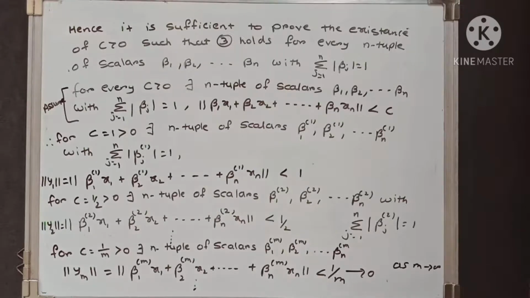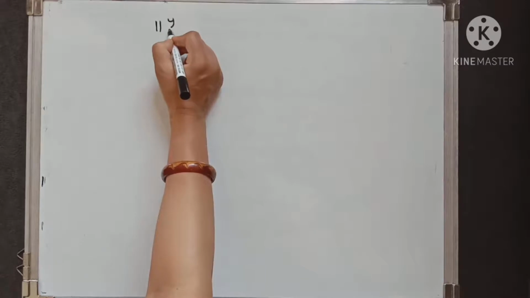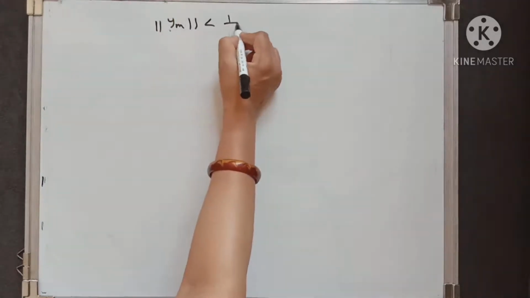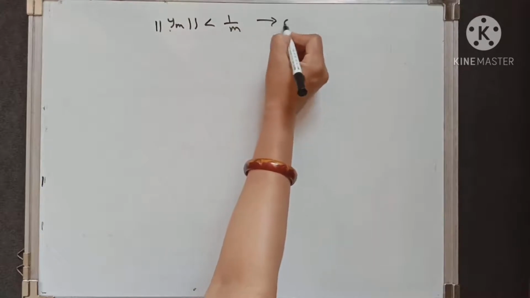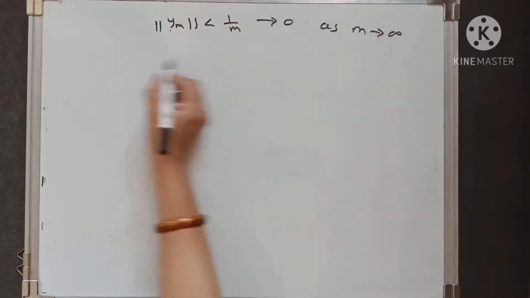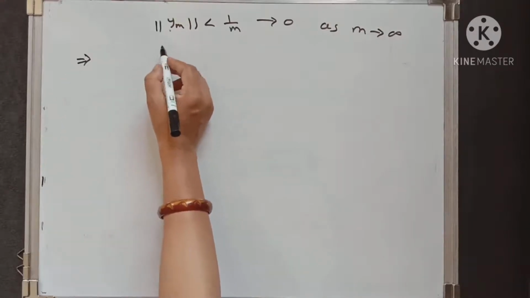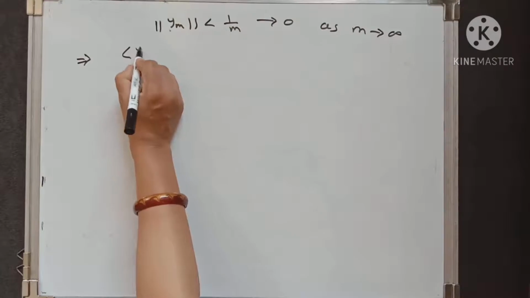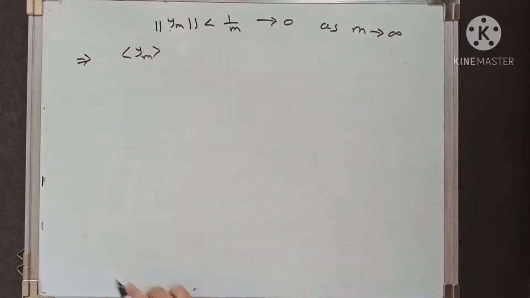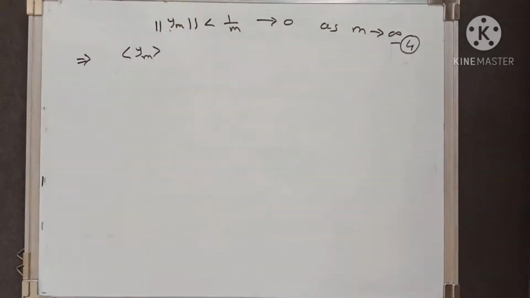It means that norm of ym, which is less than 1 by m, goes to 0 as m goes to infinity. It implies that the sequence ym is a convergent sequence and it converges to 0. We give it the equation number 4.